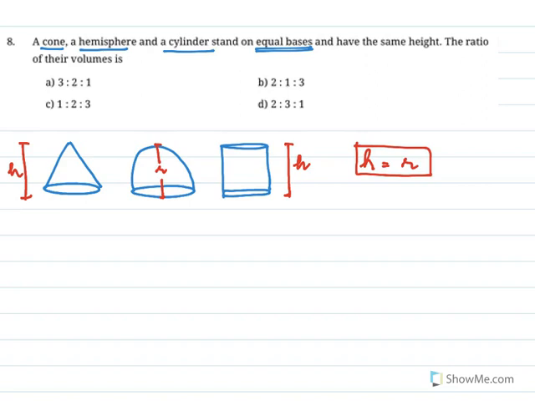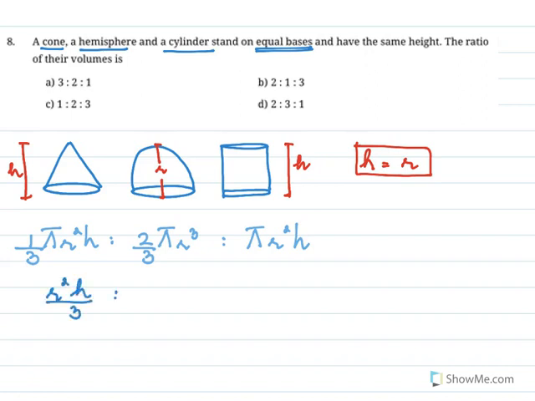Now we have to find the ratio of their volumes. Volume of cone, 1 by 3 pi r square h. Volume of hemisphere, 2 by 3 pi r cube. Cylinder, pi r square h. We take pi common out. When we take pi common out, we get r square h over 3.